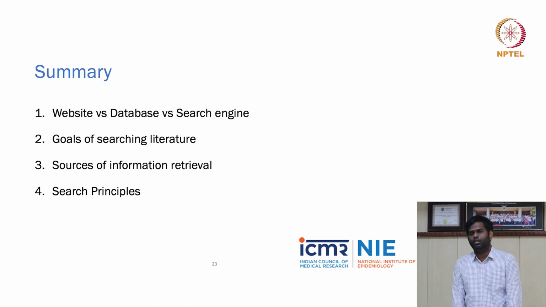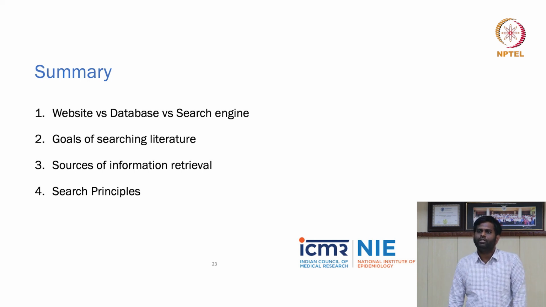So to conclude, we began with the description of a website, database, and search engine, and the difference between the three components. We also had the goal of searching literature: we wanted our search to be as broad and as sensitive as possible to collect all available literature. We also saw about including gray literature and unpublished literature.